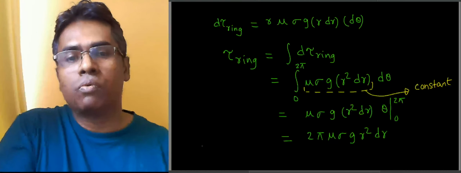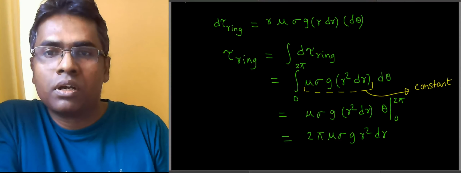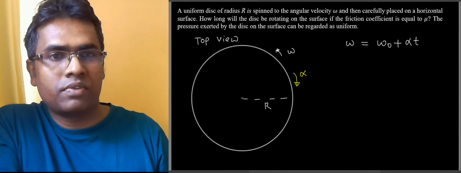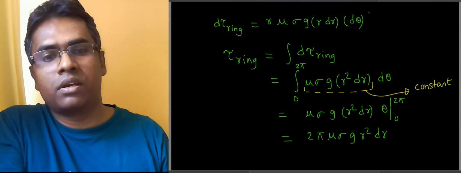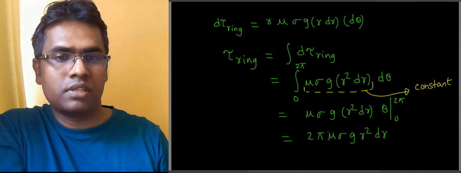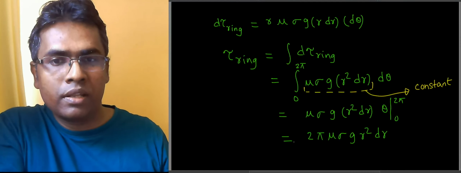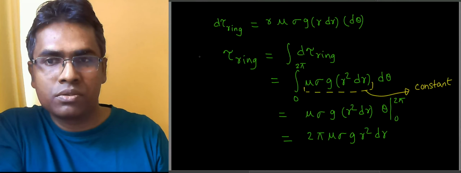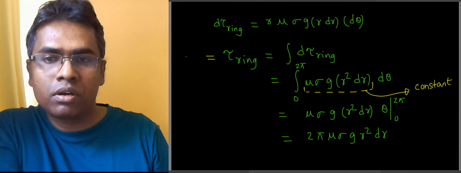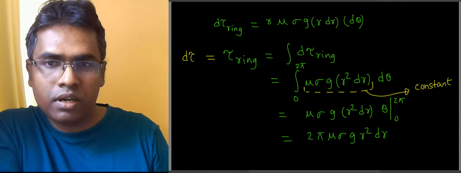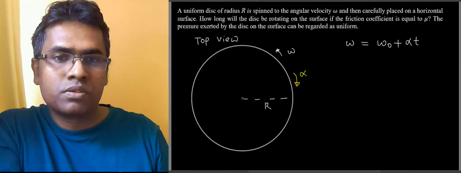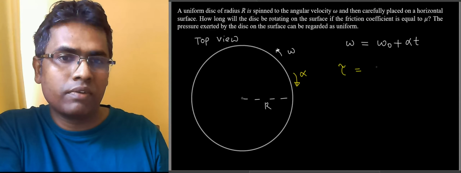Now, once you get this, how do I find the torque experienced by the entire disk? It's very simple. Now you shift from ring to ring. You're going to integrate from 0 to capital R, because rings start at the center of the disk and then they go to the periphery. So now this becomes d tau. Whatever we have, this is again not the complete torque, so I'm calling this d tau. To get the entire torque, I will have to integrate.